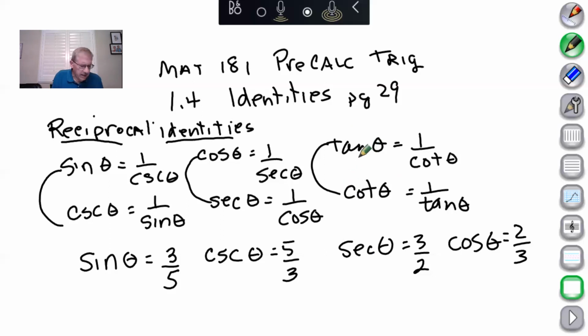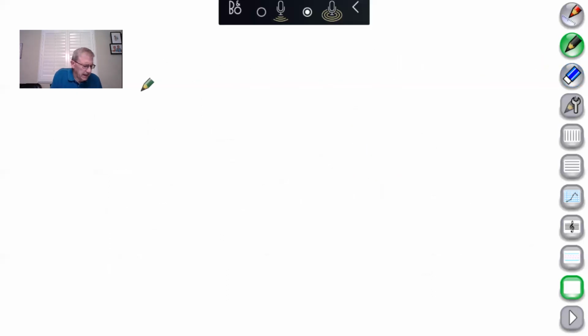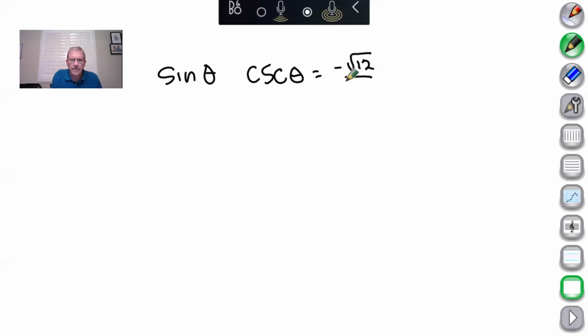Let's try another one here and see if we can figure it out. I'm going to clean these off the screen. Here I want to find the sine of theta. The information they gave me was that cosecant of theta is equal to negative radical 12 over 2.